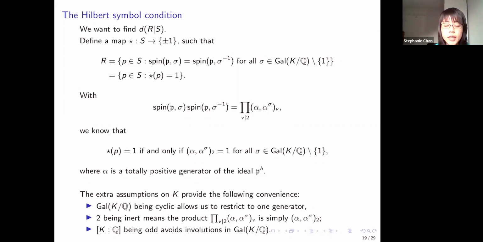The reason that we take the degree to be odd is because we do not want to deal with cases where sigma is of order 2. For example, if we have a field of degree 4, then we will have an element in the Galois group of order 2, and so spin P sigma and spin P sigma inverse are always the same thing, so they're always equal.